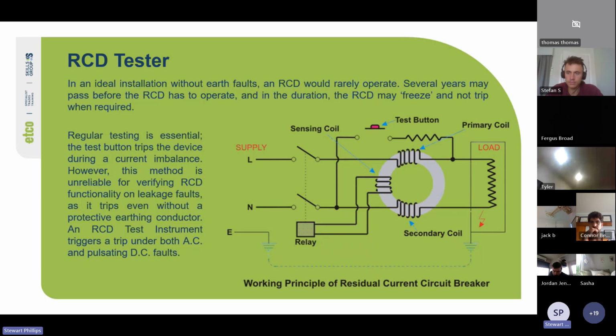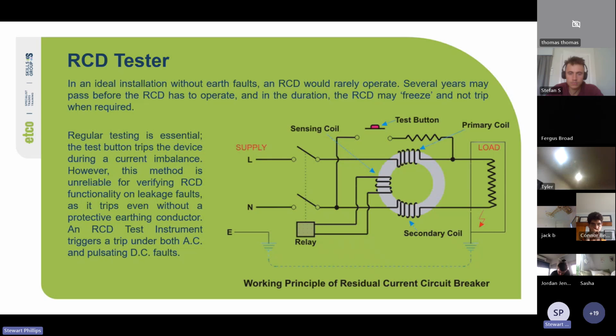But as soon as there's a load imbalance, it triggers a current inside the third coil, which leads to the relay. That gets translated into a quick magnetic repulsion and pushes the contacts apart. That's the basic operation of an RCD.